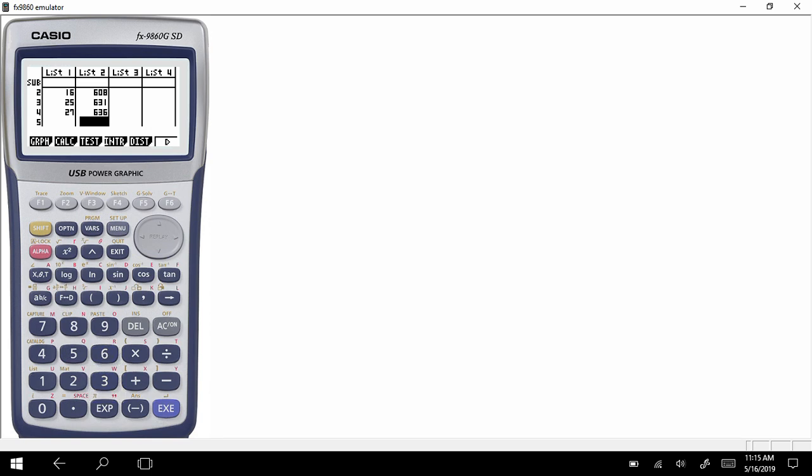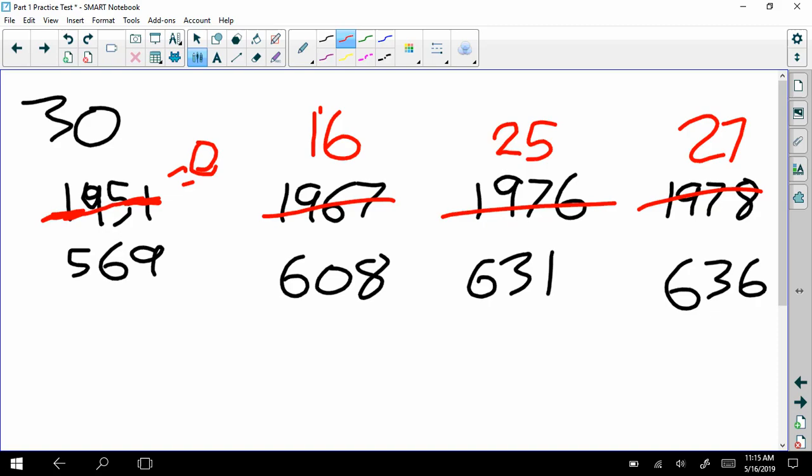It says to do regression with these. It says linear, quadratic, and exponential. So when you do linear, linear is the ax plus b.